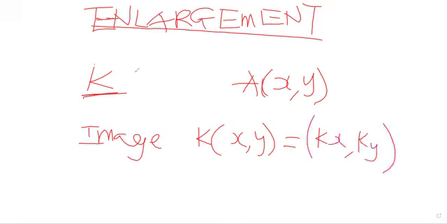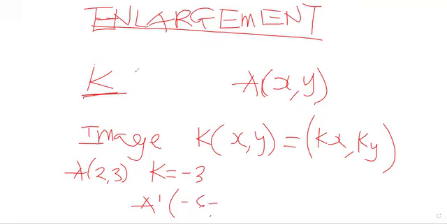And that ends it. So if I'm enlarging (2, 3) by the scale factor k equals -3, the image is very simple: -3 times 2 is -6, -3 times 3 is -9. So my image is (-6, -9). And that ends it.